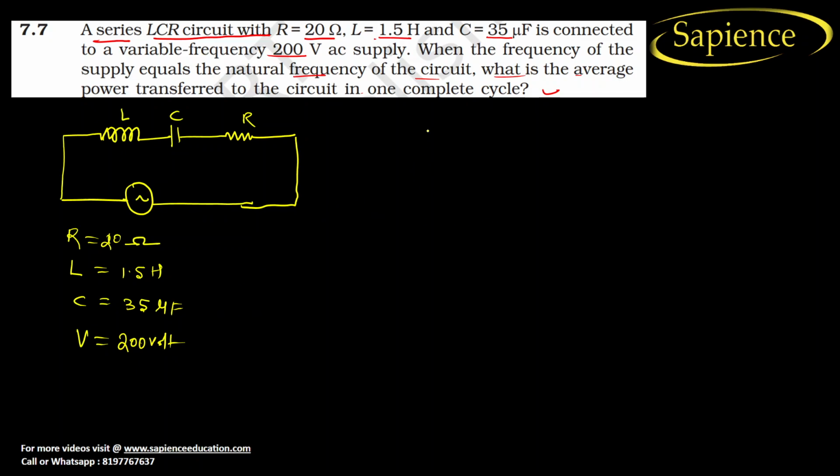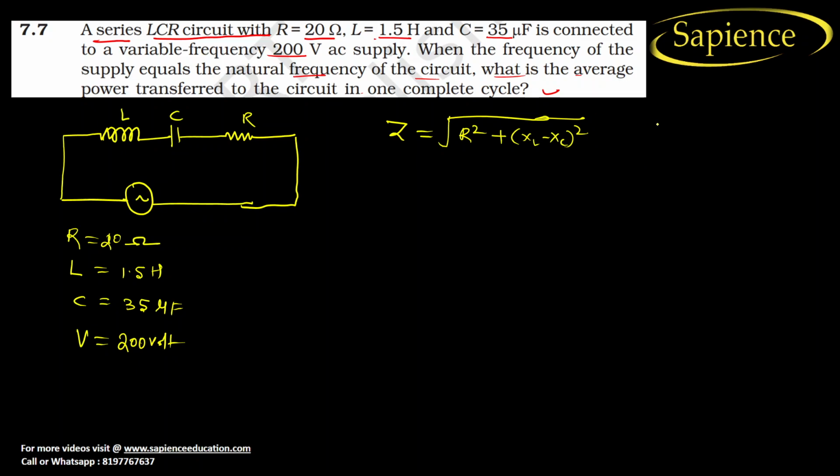What do you mean by this? First of all, we need to know what is Z. It is your impedance, right? For an LCR circuit, Z is the impedance. So Z is equal to root under R square plus XL minus XC whole square, right?